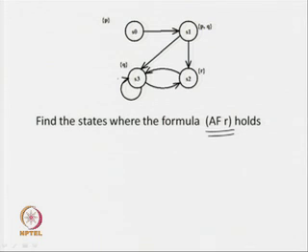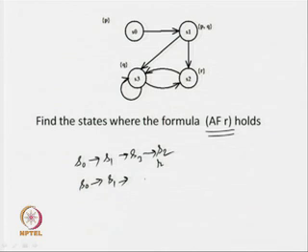Now, from S0 we go through all execution paths, and we find that in some future state R is true, because this is a path where R is true, and this is another path where R is true. So S0, S1, S3, S2: R is true over here. Or S0, S1, then S2: R is true over here. So we get two possible paths, and in a future state R is true.